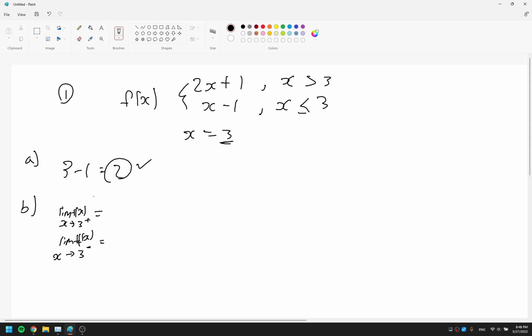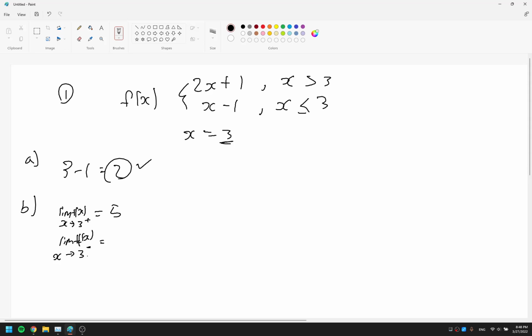From the right side it's going to be the first function, since it's greater than 3. So we plug in 3: 2 times 3 is 6, plus 1 is 7.